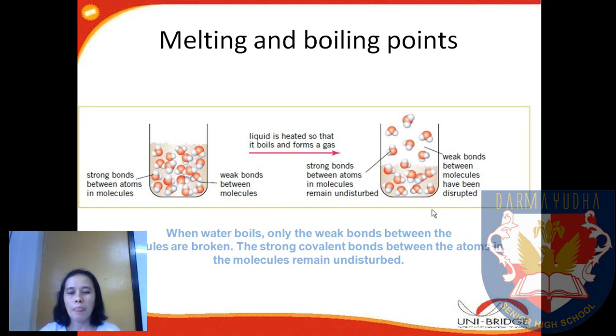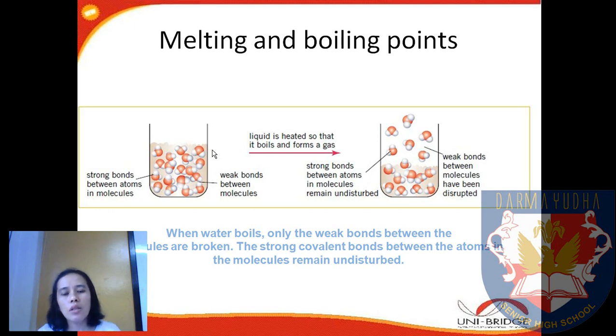Now, covalent substances have low melting and boiling points. For example, here water. Water has covalent bonding. When we heat water, heat energy will break the bonding between one water molecule and another water molecule.